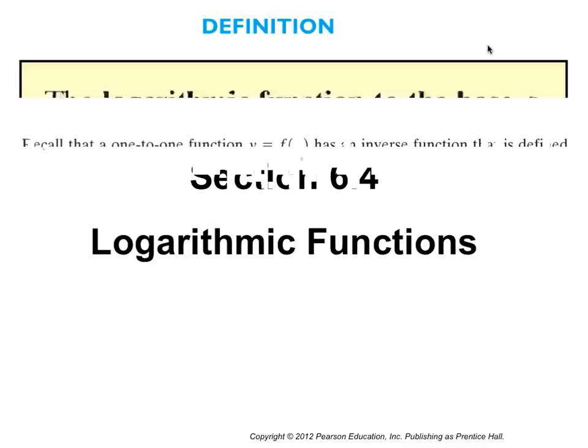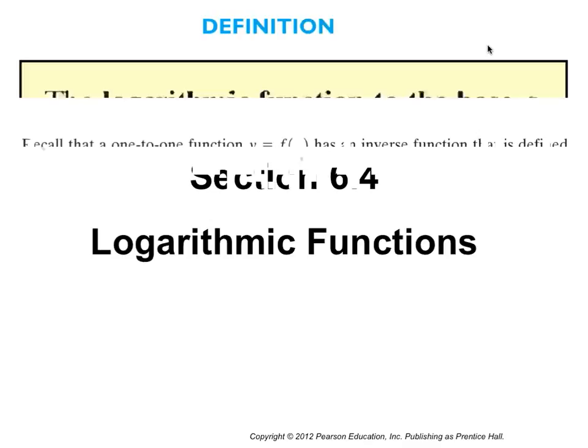The logarithmic function to the base a, where a is greater than 0 and not equal to 1, is denoted by y equals the logarithm to the base a of x, or log base a of x. And it's defined by y equals log base a of x if and only if x equals a to the y. So this is an important property to have memorized.